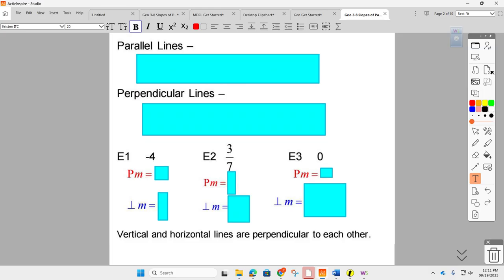Oh, you don't have those yet. I printed them, and I forgot to staple them. Thank you, Elizabeth. The look of confusion on your face told me I forgot to pass it out.